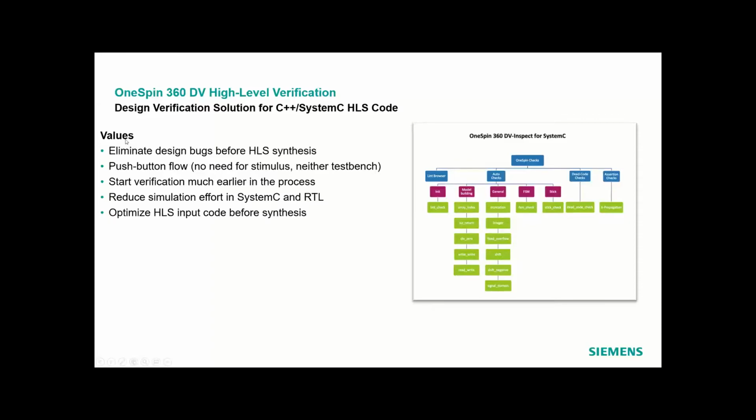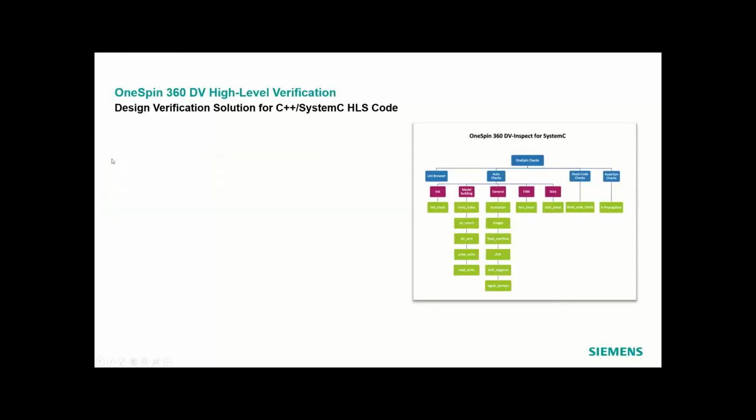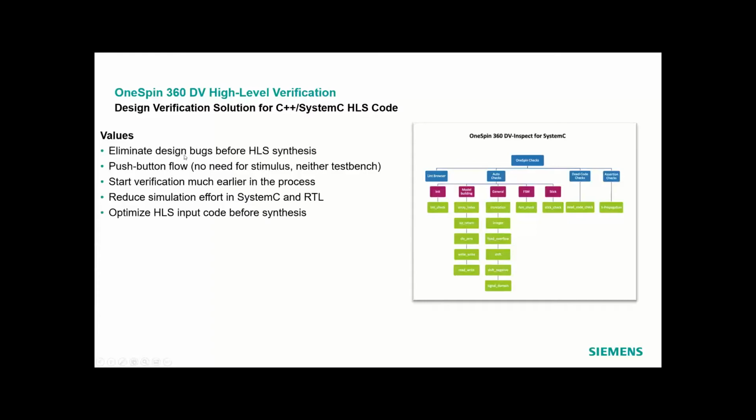So what are the key values that the OneSpin tool offers? With the OneSpin SystemC solution, you can eliminate design bugs before running HL synthesis. And as I said, it is a pure push button flow, so there is no need to write any stimulus or test bench.